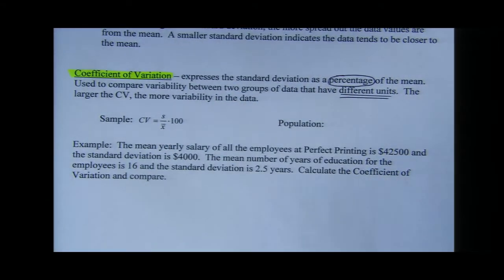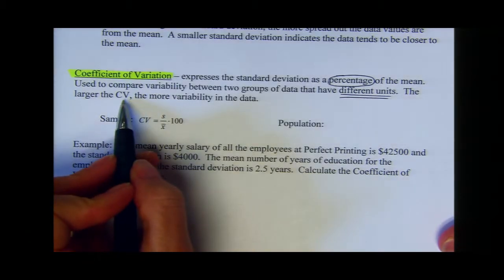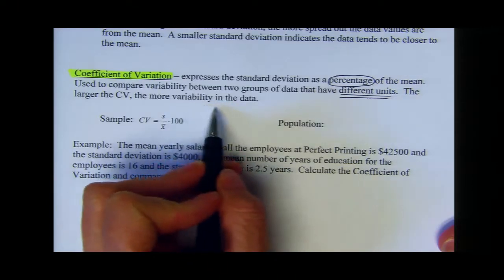When we were comparing supplier 1 to supplier 2, we were looking at ounces to ounces. But what if we have different units of measurement? That's what the coefficient of variation is meant to be used for. We abbreviate it CV, and the larger the CV, the more variability in the data, meaning more spread out around the mean.